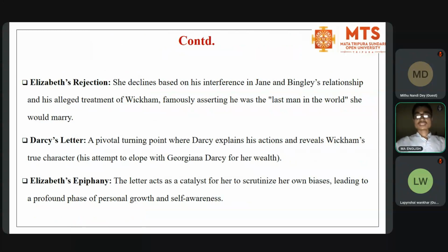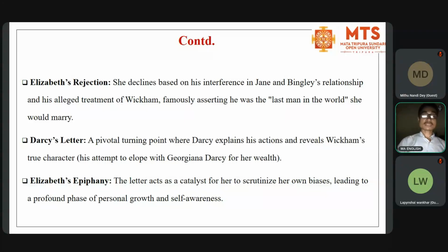So Mr. Darcy understood what had happened. Understanding what must have gone wrong, Mr. Darcy writes a letter to Elizabeth explaining everything that had happened.